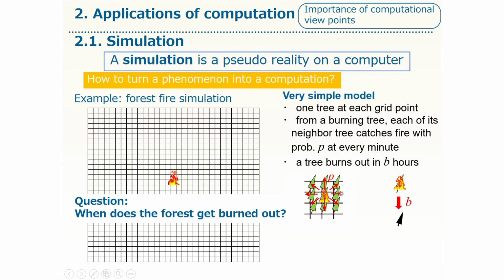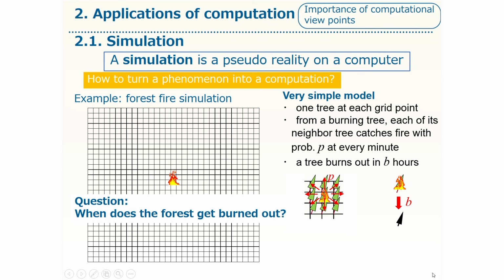If P is small, then the fire would stop because burning trees burn out before spreading fire. Similarly, if burning time, B, is too short, there is not so much chance to spread its fire to the next tree. So under which condition of P and B, we will end up burning out almost all trees in the forest? This is our question.